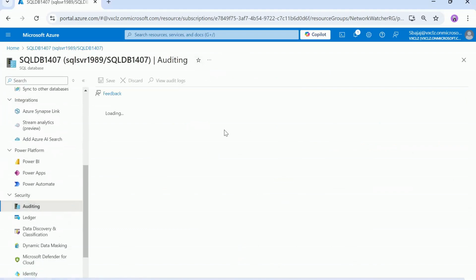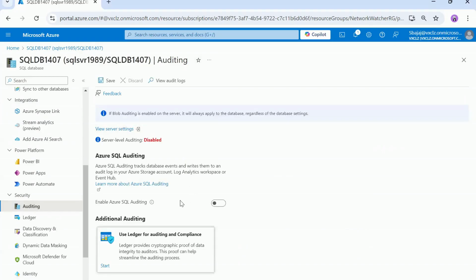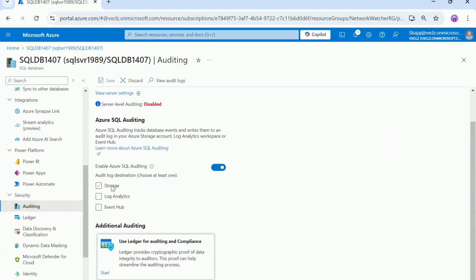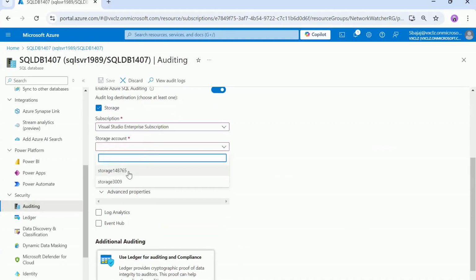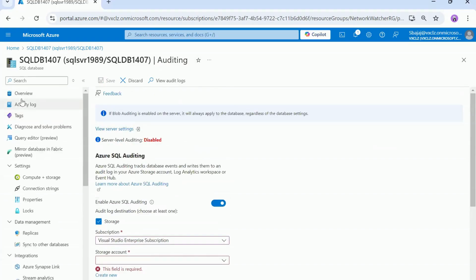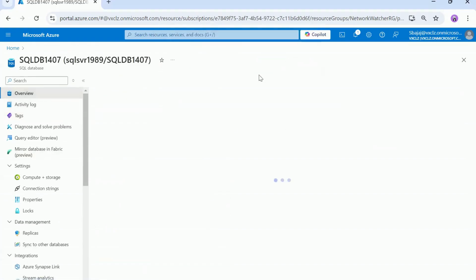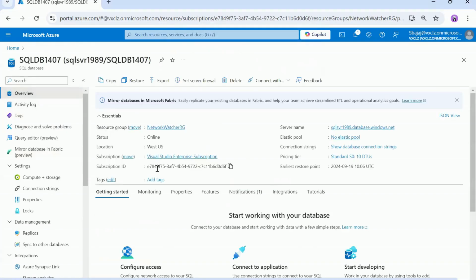I have already opened the database, and we'll try to enable auditing again. Here you will see that in the first database, SQL DB 1407, both these storage accounts are showing up. This database was using a standard pricing tier, so both the storage accounts are still showing up.